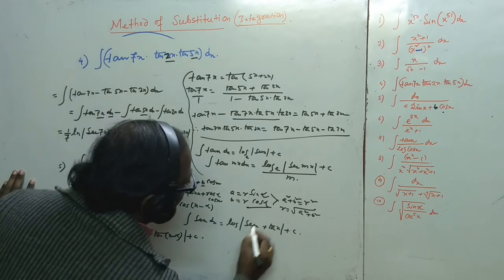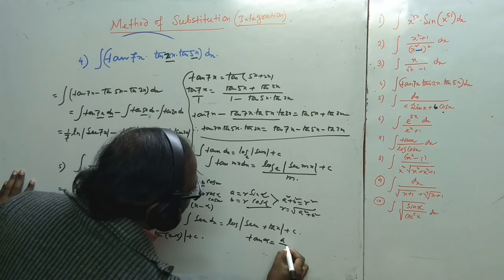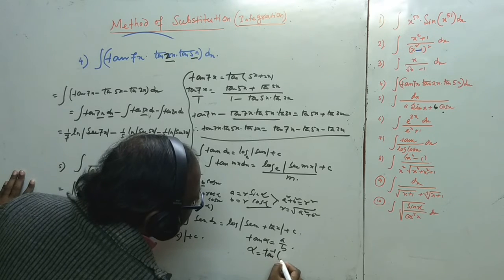Now alpha, that would be tan alpha, that is a by b. So alpha is equal to tan inverse a by b.